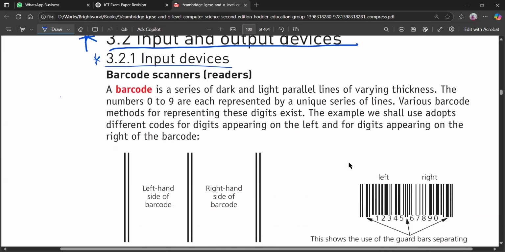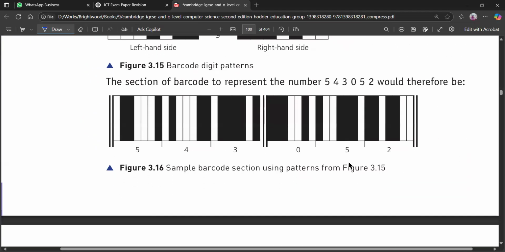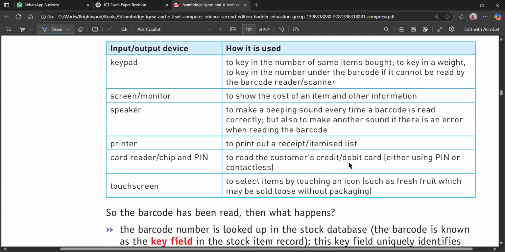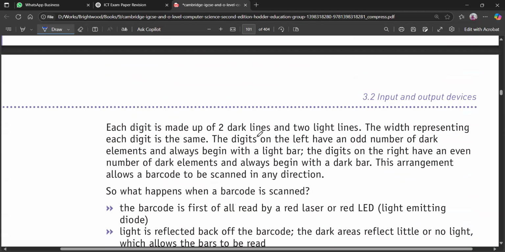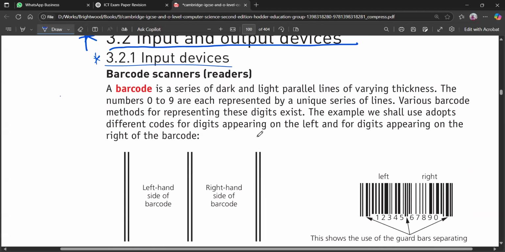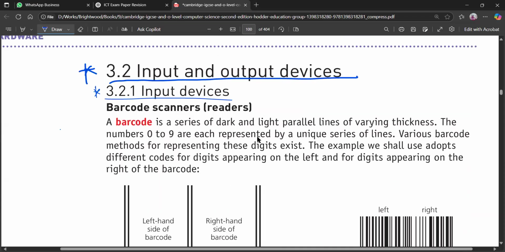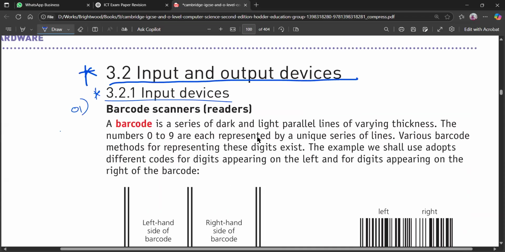There are many devices like barcode readers. Previously, we normally wrote keyboard, mouse, mic.